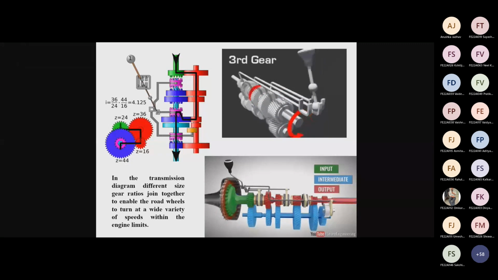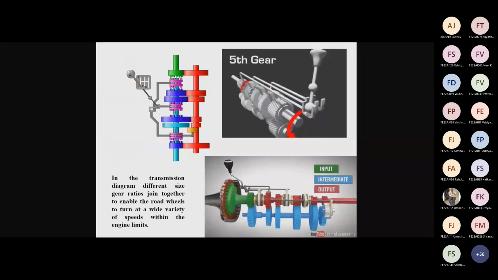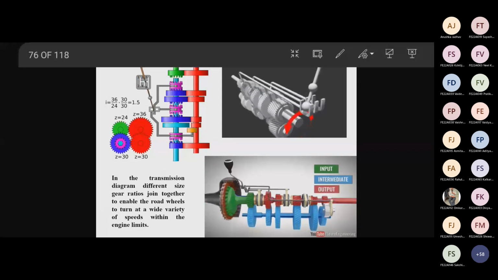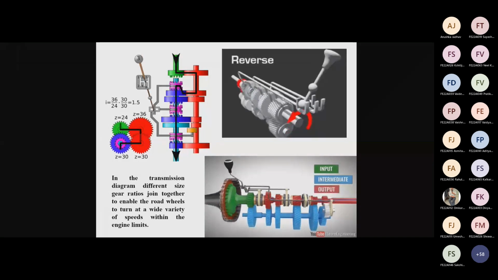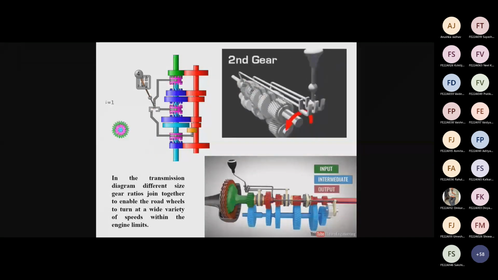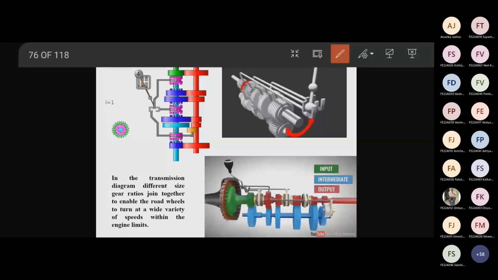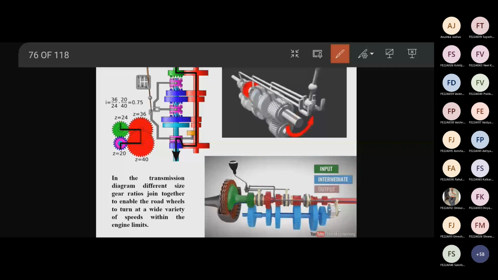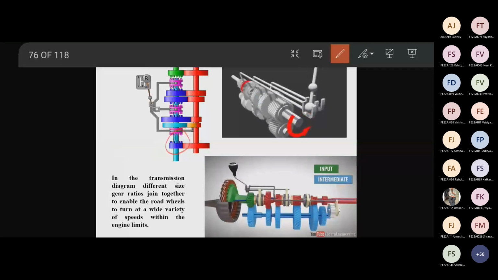Here you can see first gear, second gear, third gear. See here how these dog clutches are moving. Now, if this dog clutch is connected, power is transferring in this.